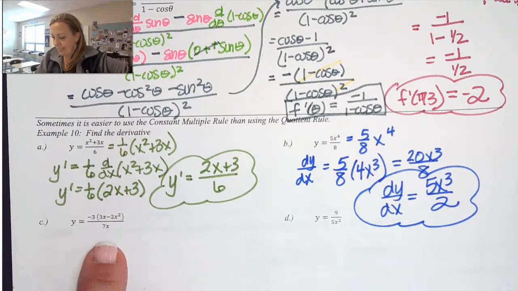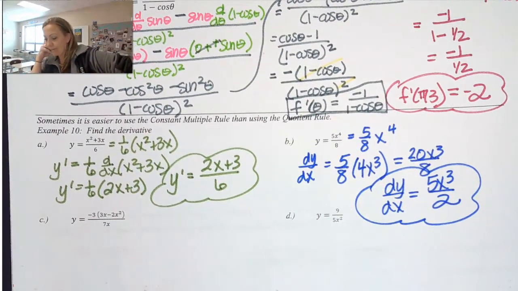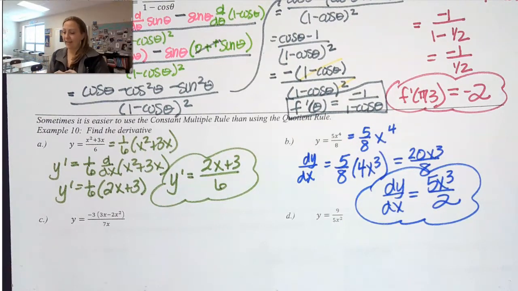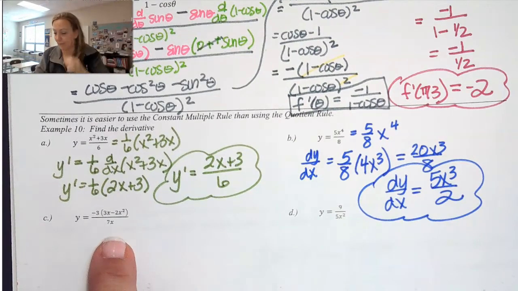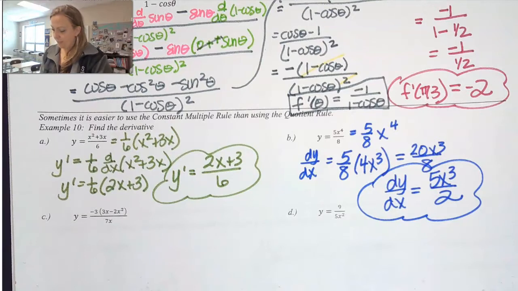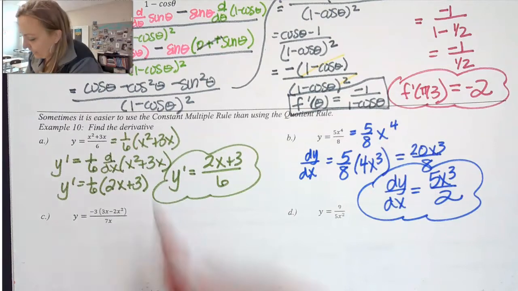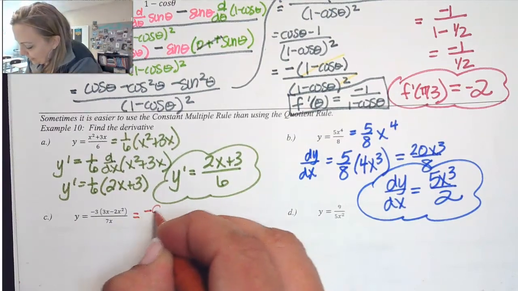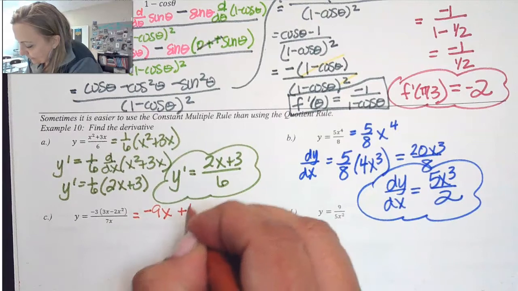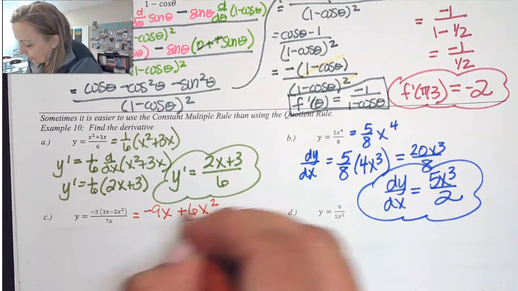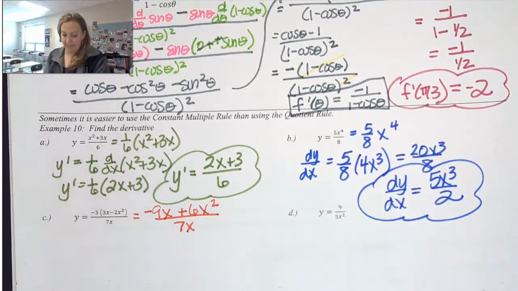In letter C, I have y equals -3 times the quantity 3x minus 2x squared all over 7x. You could use the quotient rule here, but I notice that I have a single term in the denominator, so maybe I could simplify. I could distribute in the numerator to get -9x plus 6x squared over 7x.